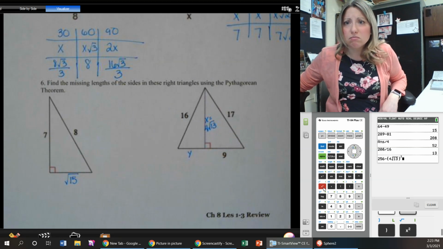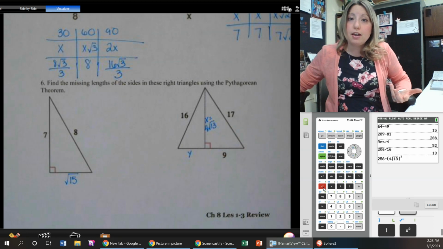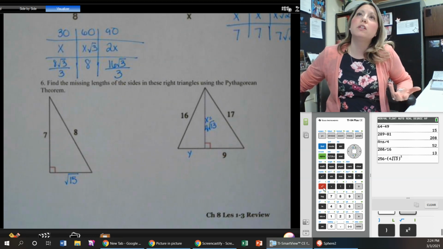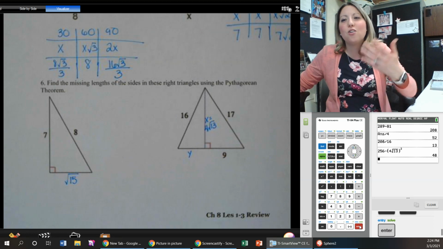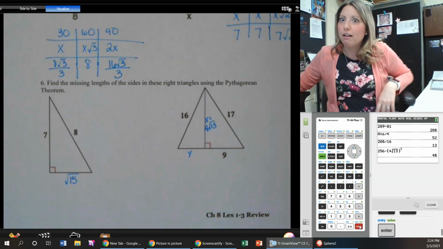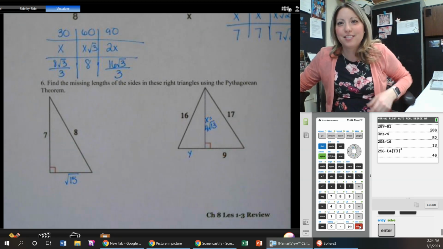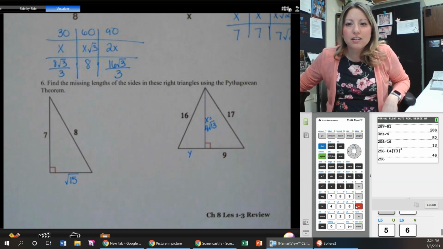Radical 13 times radical 13 is radical 169, right? And the square root of 169 is 13. And then you multiply that by 4 squared, which is 16. Oh, it's like just going back to getting that 208 again. Makes sense, right? Because that was the square root of 208. See how that worked, right? So this was really 256 minus 208.